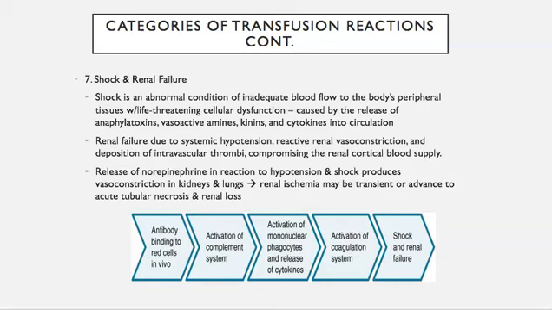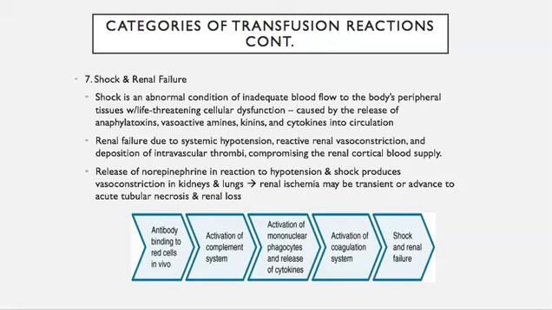Okay, and then shock and renal failure. So shock is an abnormal condition of inadequate blood flow to the body's peripheral tissues with life-threatening cellular dysfunction. So this is caused by the release of the anaphylatoxins, vasoactive amines, kinins, and cytokines into circulation. So all of those chemical messengers that kind of work in a system together, once something is recognized in the body that shouldn't be happening, all these chemical messengers start releasing their products.